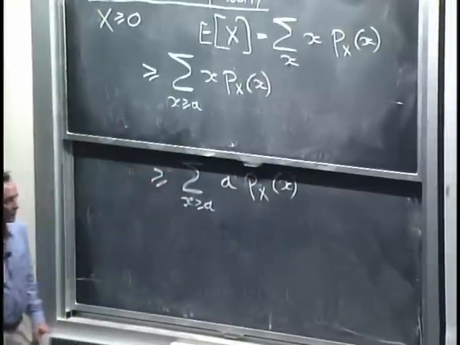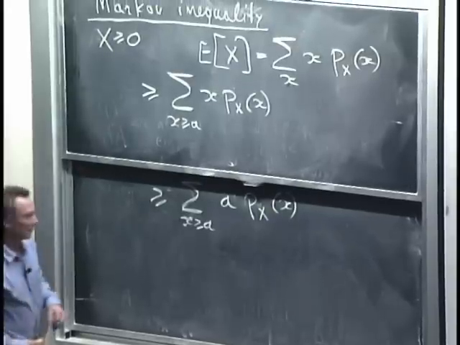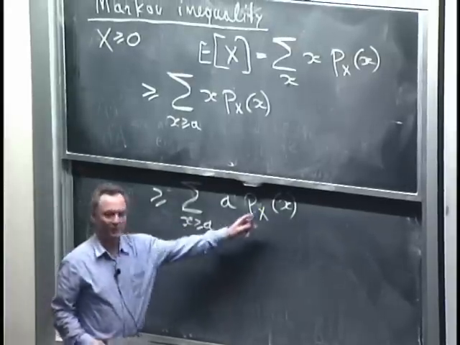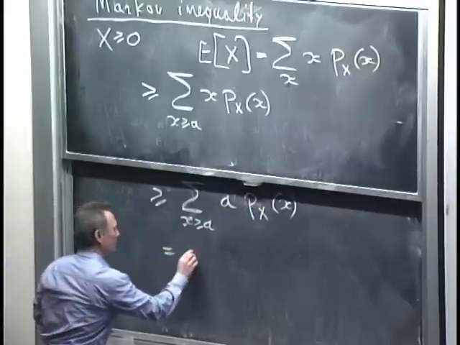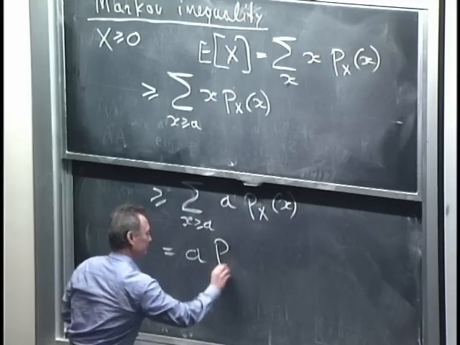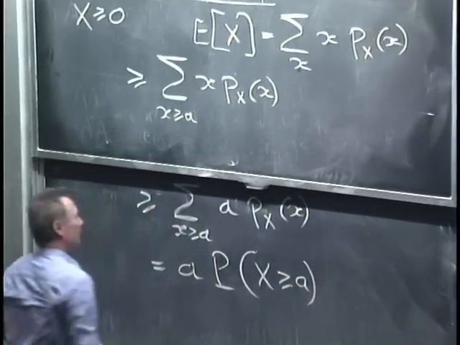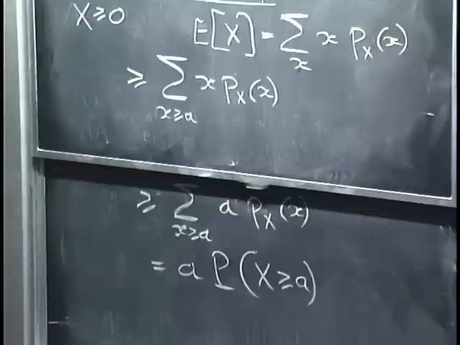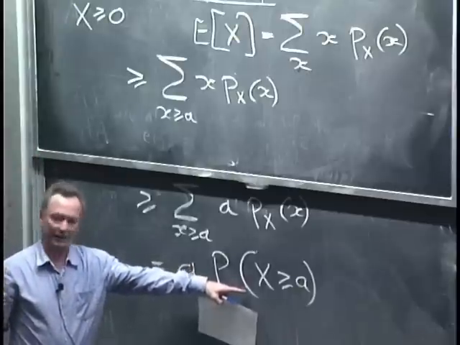And now a is a constant. I can pull it outside the summation. And then I'm left with the probabilities of all the x's that are bigger than a. And that's just the probability of being bigger than a. Okay, so that's the Markov inequality. Basically it tells us that the expected value is larger than or equal to this number.